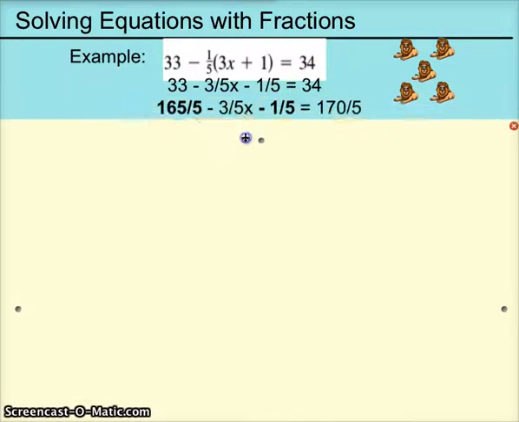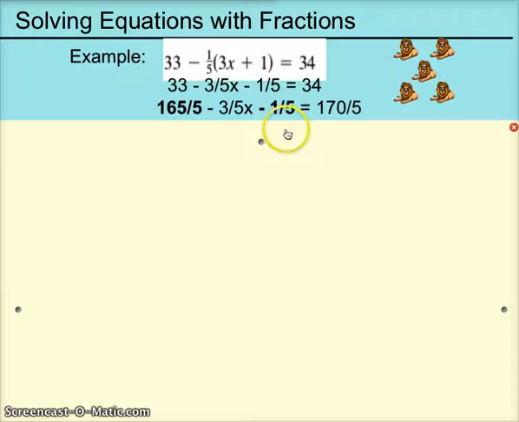I end up with 165 over 5 minus 3/5 x minus 1/5 equals 170 over 5. Remember, I got this by multiplying top and bottom by 5 so that I could have common denominators of 5. Now I see that I can combine like terms.